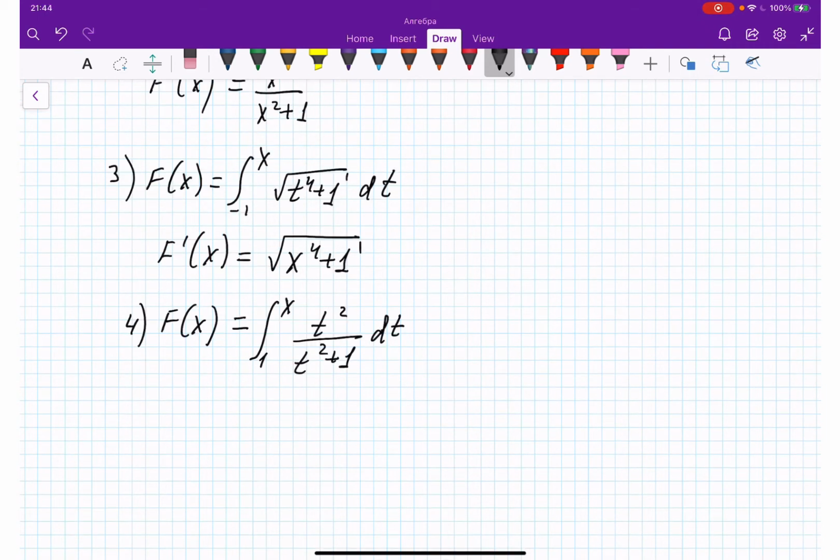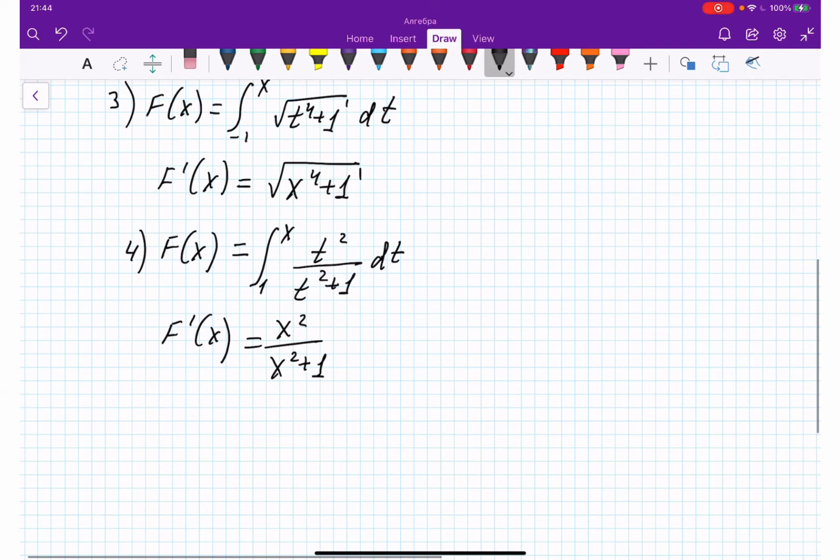Okay, so f prime of x is equal to x squared plus 1.